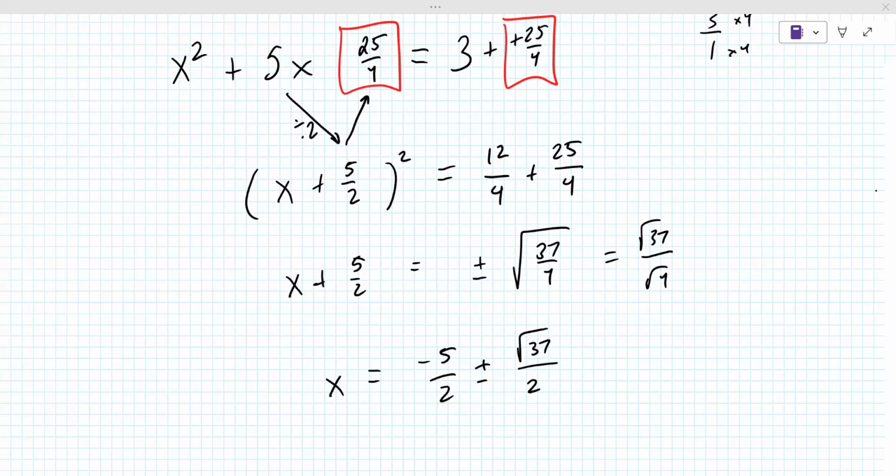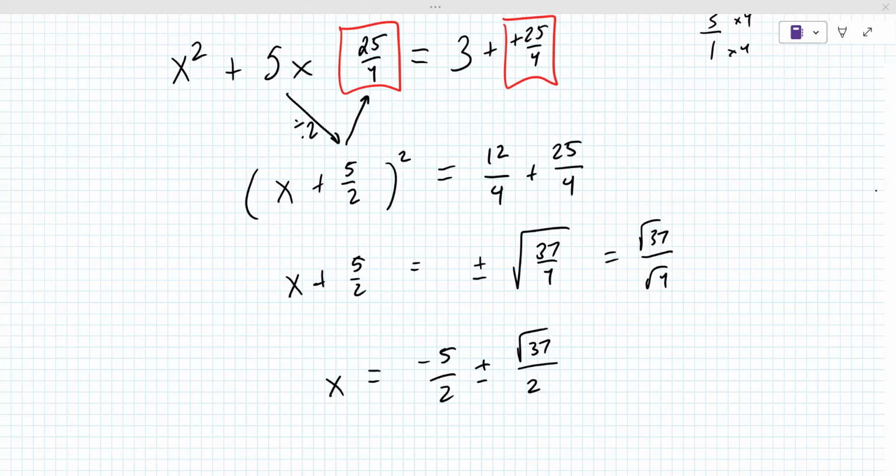I'm doing it on Desmos. Plus the square root of 37 over 2.